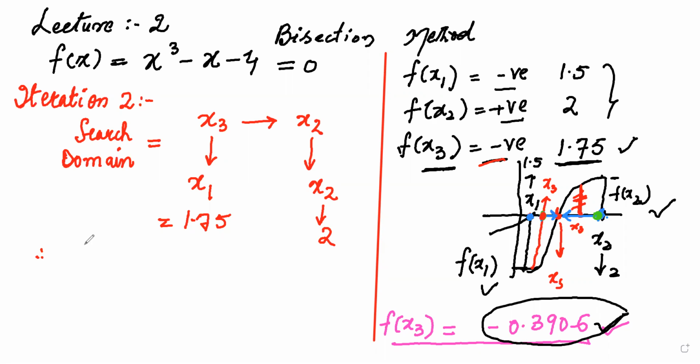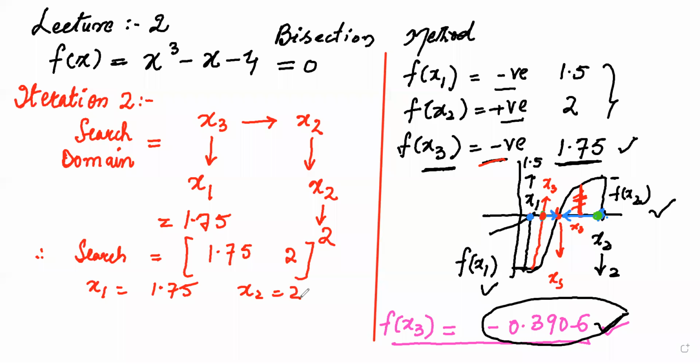Therefore, the next search interval or search domain is the interval from 1.75 to 2. Our x1 is equal to 1.75 and x2 is equal to 2. Now I will find again f of x1. That's already done. I will find now the x3. Let's find the value of x3 for iteration 2.